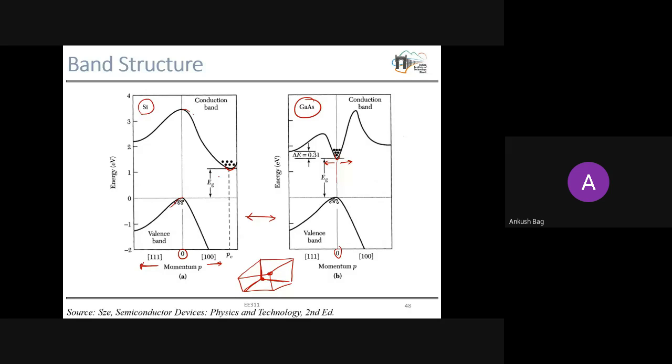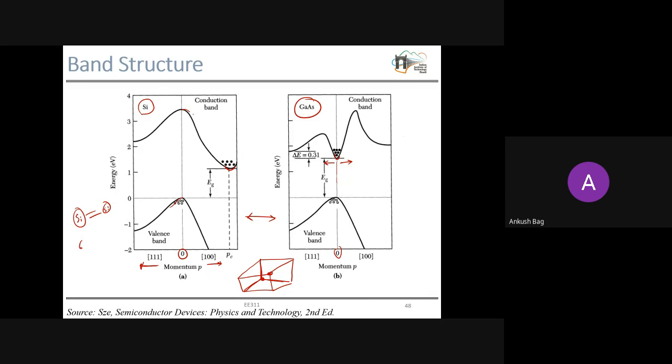Okay, so another thing from here, in case of polar material, just for your information: a non-polar material is silicon. In silicon, you have a covalent bond between two silicon atoms, so these bonds are not polar. There is no ionicity.